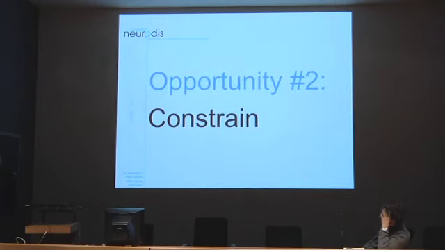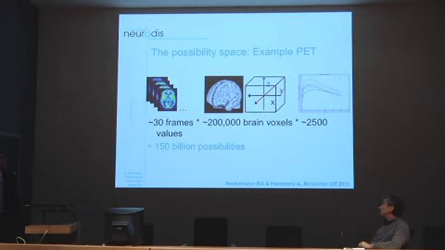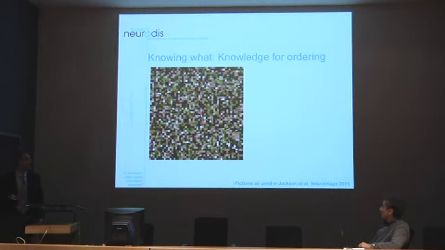Second opportunity, constrain. Constrain what? Constrain the possibility space. For example, in quantitative ligand PET, you might have 30 frames over an hour and a half, 200,000 brain voxels, and say 2,500 different values. That's 150 billion possibilities for values there. And of course, if this information is not ordered, you can't make any sense of it.